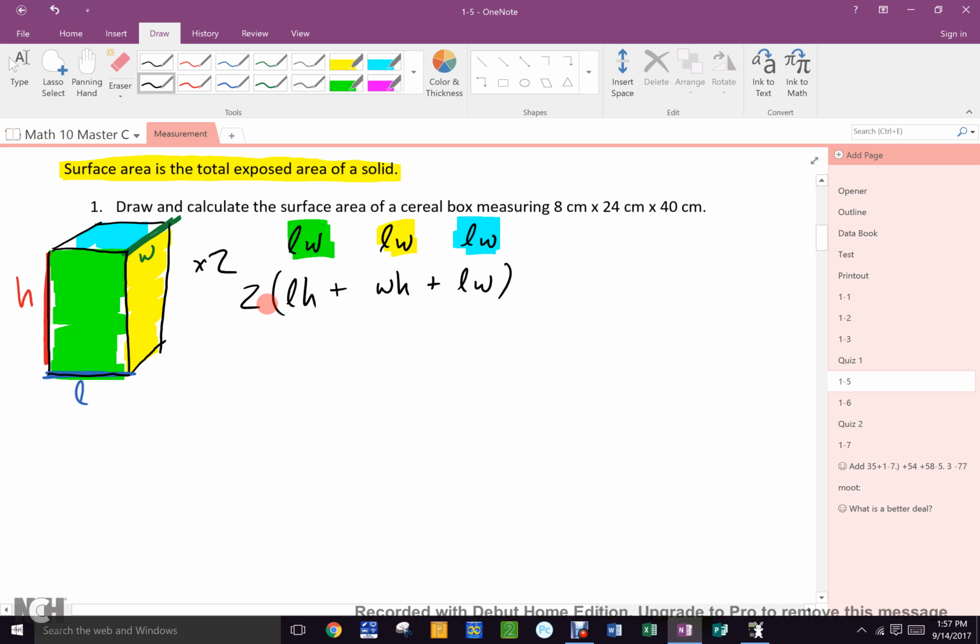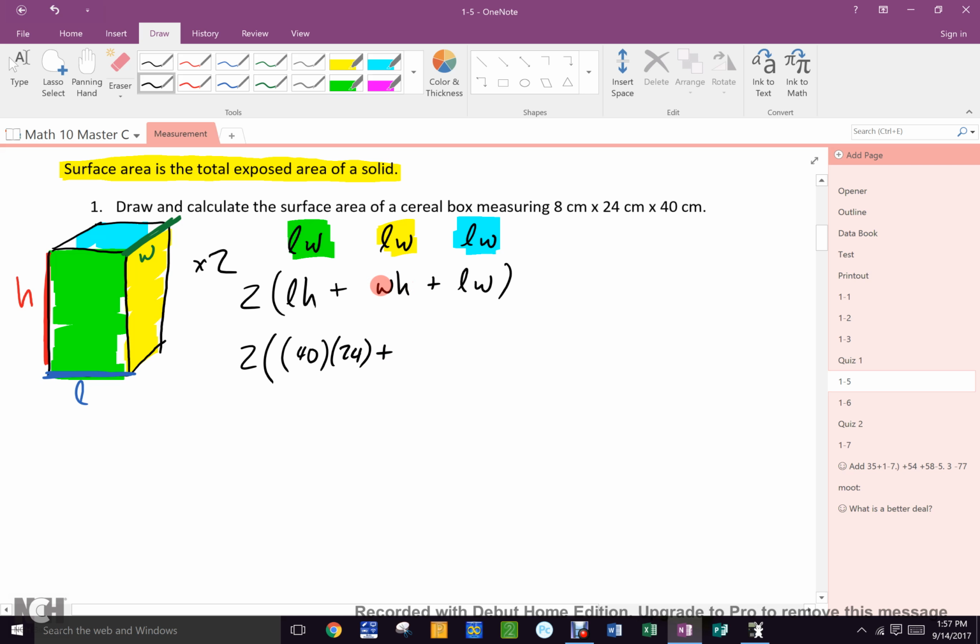Right? So if we were going to write this out, because showing our work is important, we would have 2 bracket. What is LH? What numbers are LH? Does it matter? No. So what is LH? You want to call it 40 and 24? Okay.